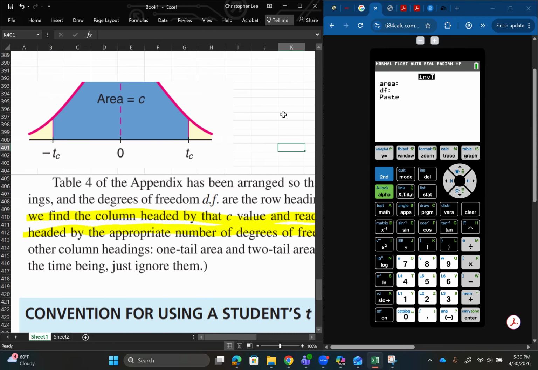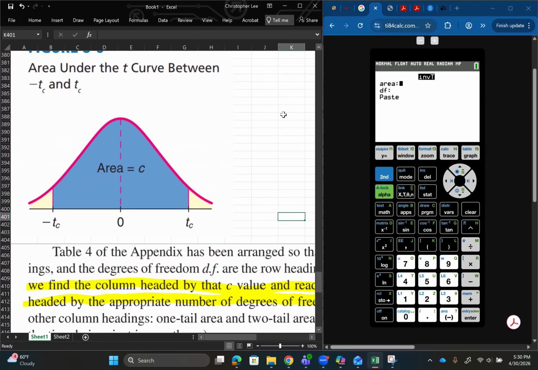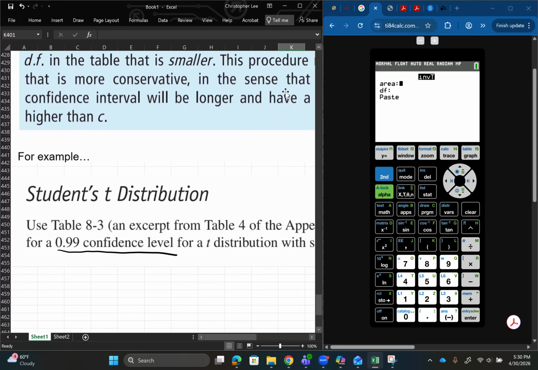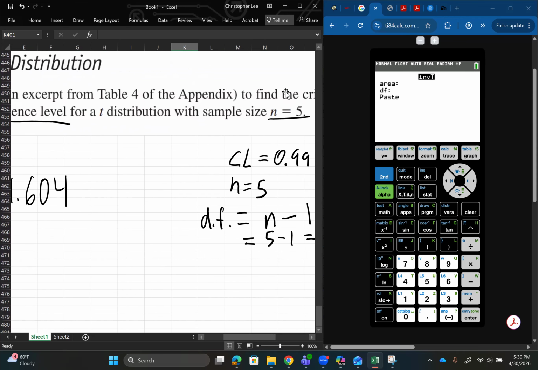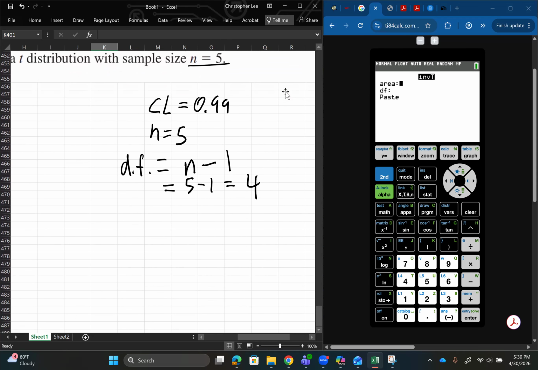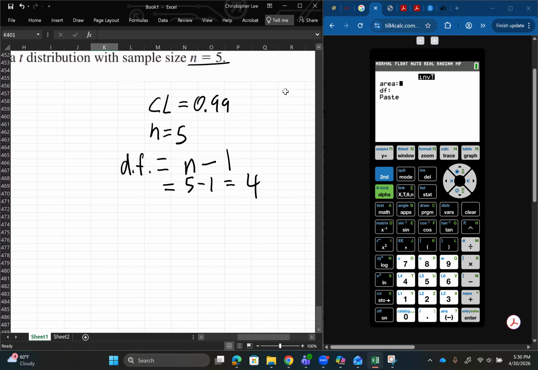So look, you remember this graph right here? I need y'all to think about that graph real quick. Yes, my confidence level is 0.99. But remember, when you draw it out, 0.99 is right here.